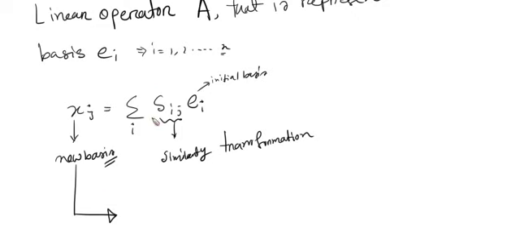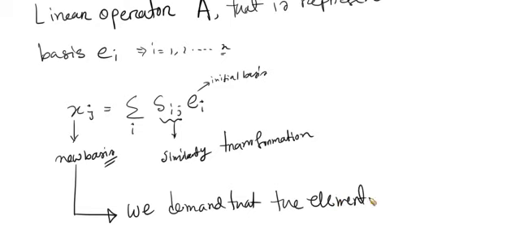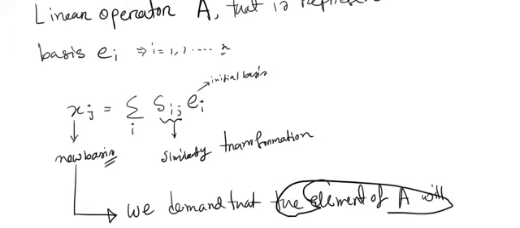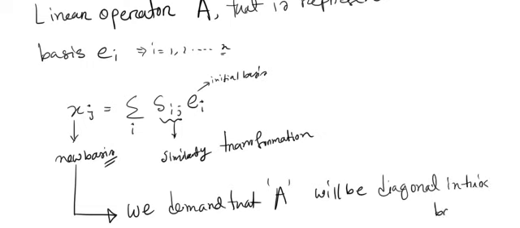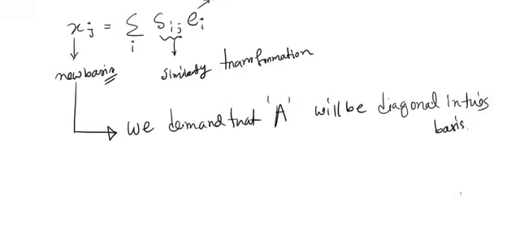That's something we want. So we demand that the operator A will be diagonal in these spaces. So this is our demand.